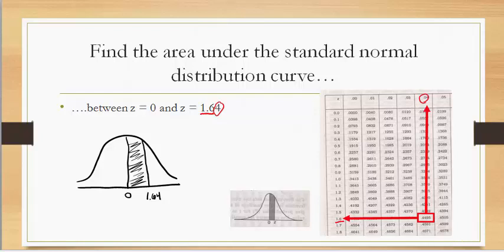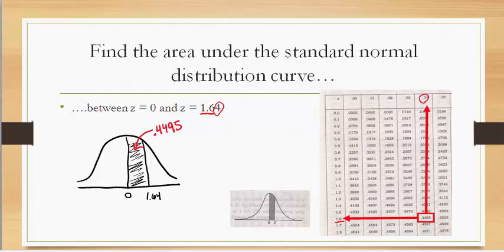And if you look at your table, you should see when you do that the number 0.4495. And so 0.4495 is the area of that shaded region. Now, it is important to note that the only thing that this table will help us do in terms of finding the area is finding the area between 0 and a z-score.